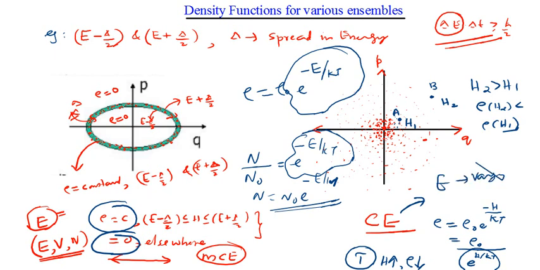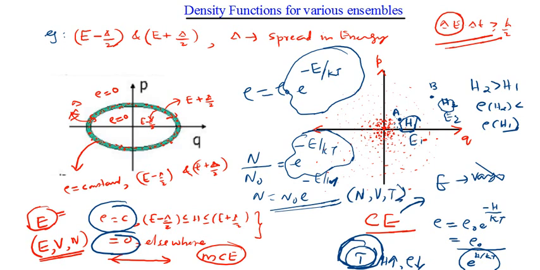The system can exchange energy with the surroundings, because the canonical ensemble represents not an isolated system but a closed system where energy can be exchanged. So E can change. But what remains constant? The temperature of the system is supposed to be a constant. So this is what is known as an NVT ensemble.